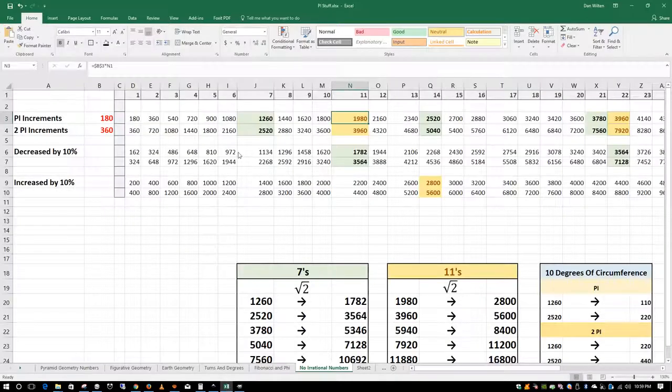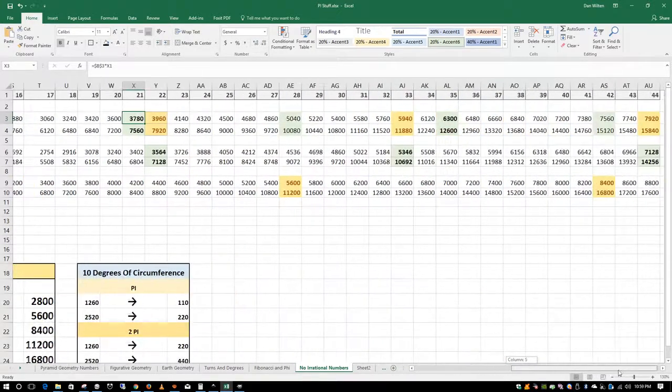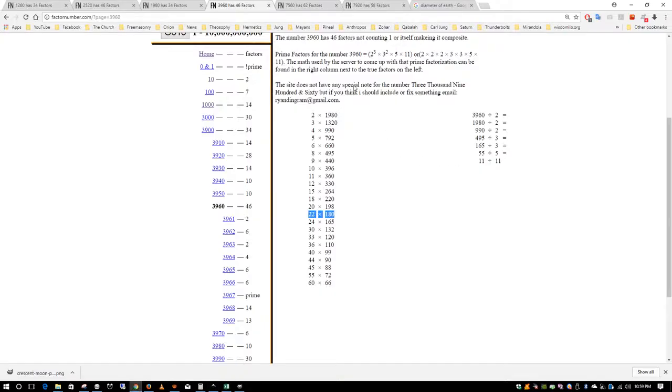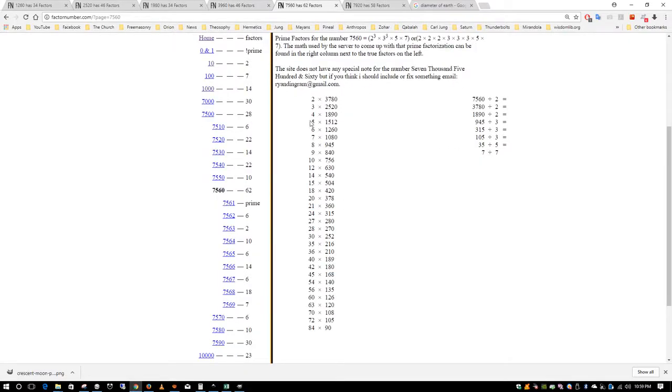And this is exactly what we see when we take a look at this right here. So this is our 11, this is our 14. So let's just take a look at a couple more here. We have 3780, 7560. So if you notice, this is 21, so this is 3 times 7. So here's 7560 right here, and notice it has a factor of 7.